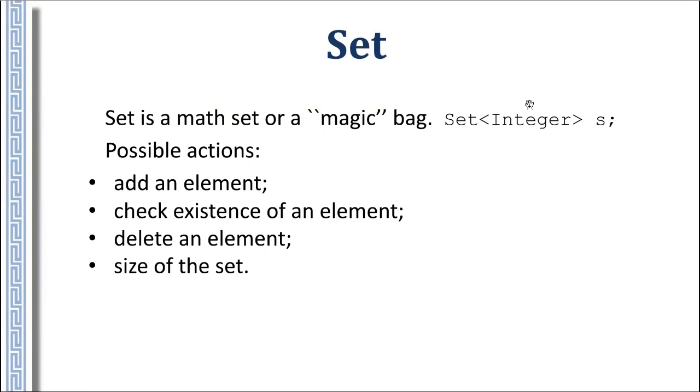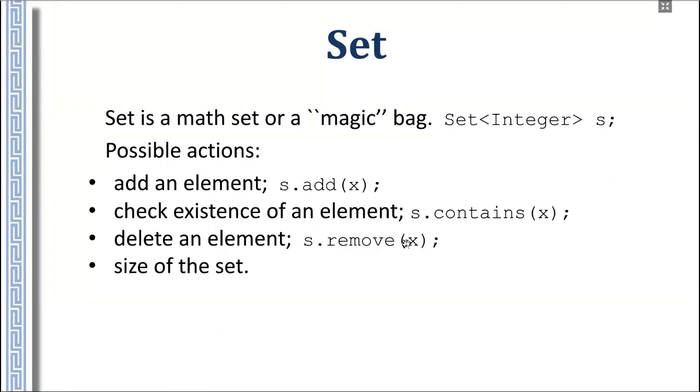So it is like what type of values can be written on these balls in the bag. And we can add an element to the set. We can check, getting true or false, whether it contains an element in the set or not. We can remove an element from the set, some specific element X, and check the size.